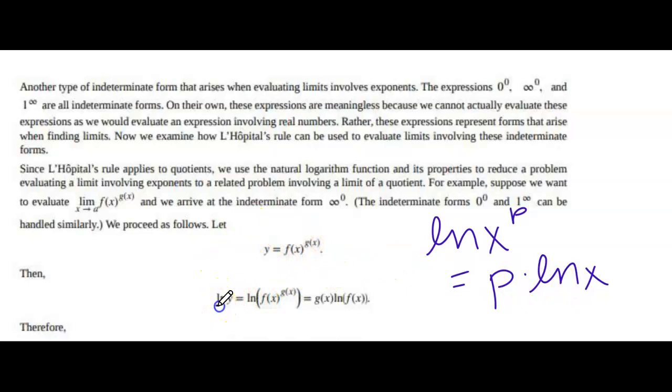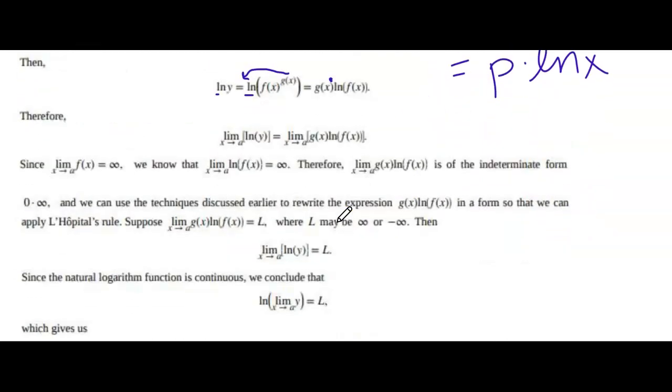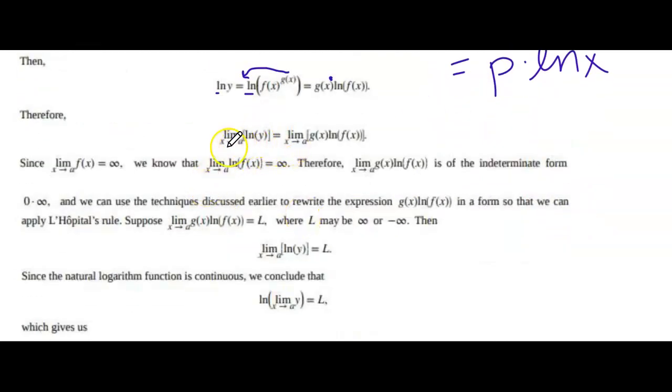If you take the natural log of both sides, we can then bring this power in the front. And then we're going to probably have a situation where we have a 0 times infinity or something of that form that we were just talking about. Okay. Then you can just take the limit here. And then if you need to use L'Hopital's rule, you can do so. Okay.